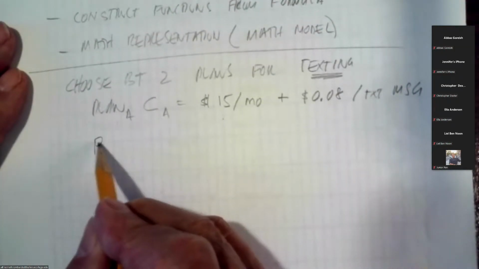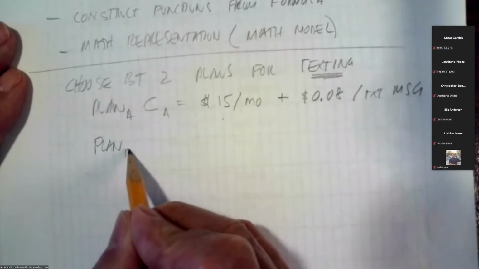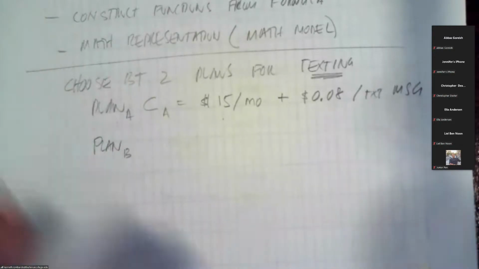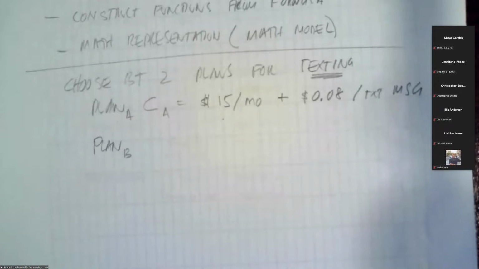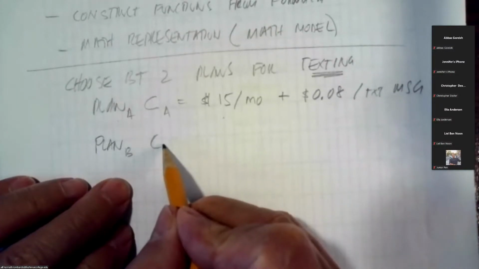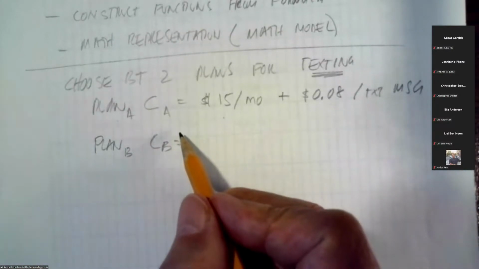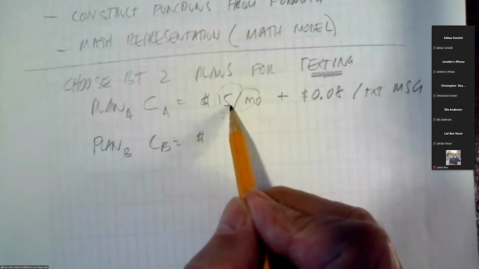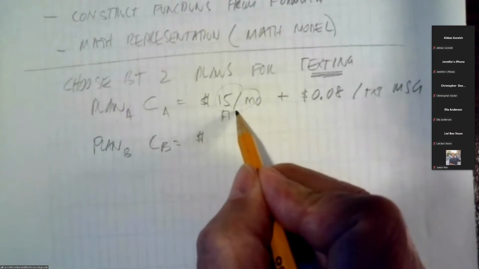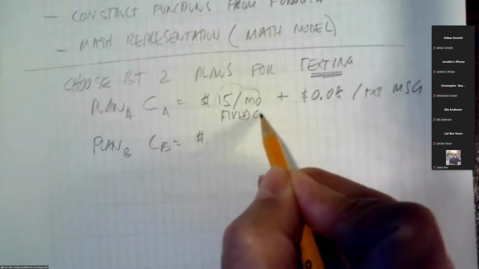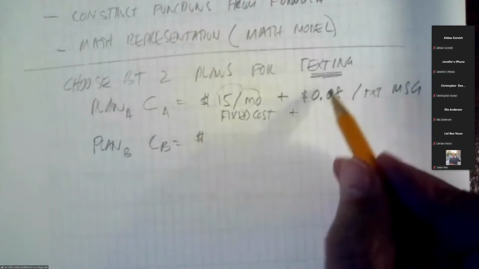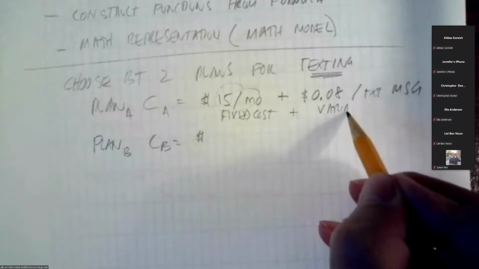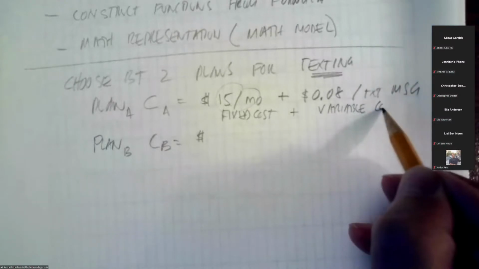And there might be a second plan. There may be several plans, but let's say we have plan B. The cost of B could be higher or lower, and we might call this the fixed cost and this the variable cost.